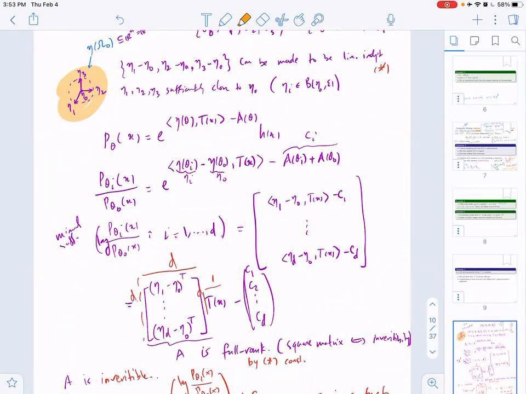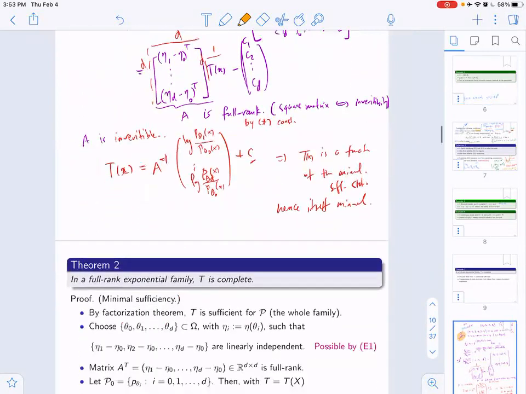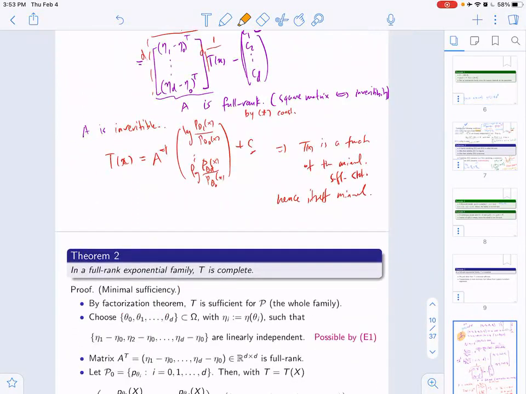In fact, any trivial or constant function would be minimal sufficient, because if eta is constant, your distribution does not depend on theta. Basically, you can't estimate theta, and you can just throw away your data. Any constant function of your data would be as good as the entire data. So T(x) is not minimal. A constant 1 would be minimal, something like that.